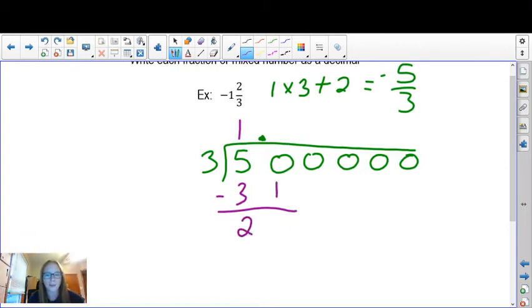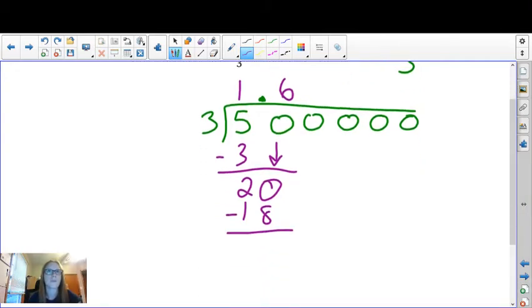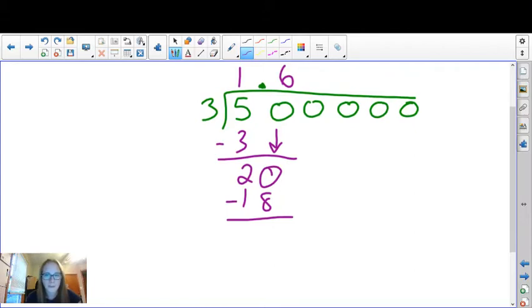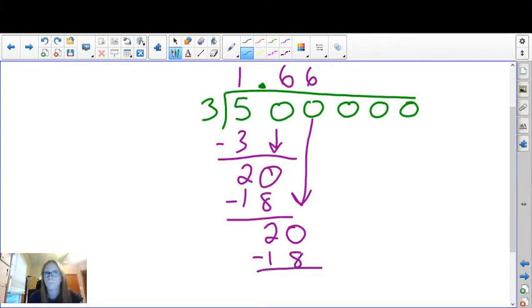Now 3 cannot go into 2, so I need to drop down that first 0, making 20. 3 can go into 20, let's see, 6 times, and we get to 18. 20 minus 18 is 2. 3 cannot go into 2, so we need to drop down another 0. 3 can go into 20, 6 times, which gives me 18, which gives me 2, which gives me 20, and we're just going to go crazy.